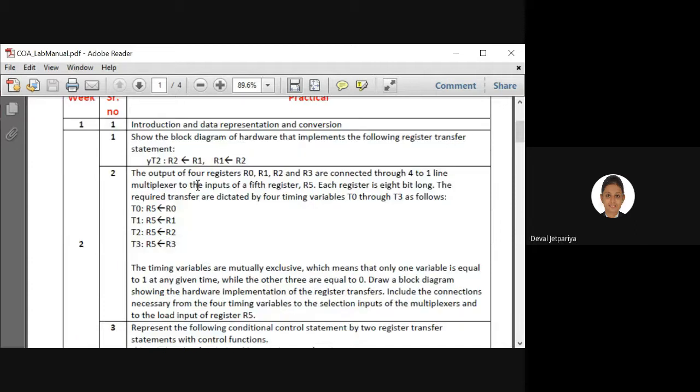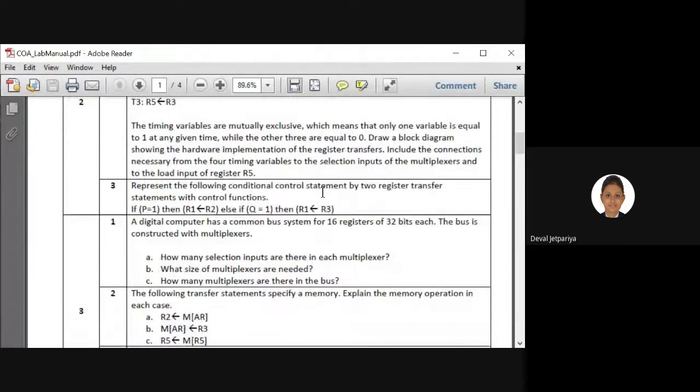If you recall question number 2 in our tutorial 2, they had a 4 cross 1 multiplexer. So the 4 input registers can be treated as 2 raised to 2, so we require 2 selection lines in that case. Here we have 16 input registers. So how many selection lines will we have?